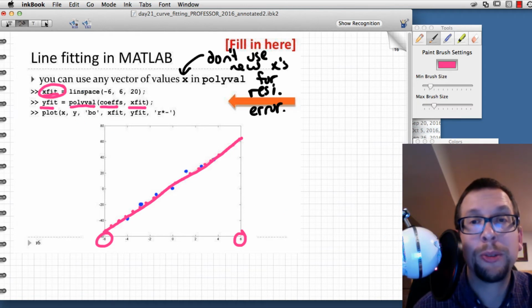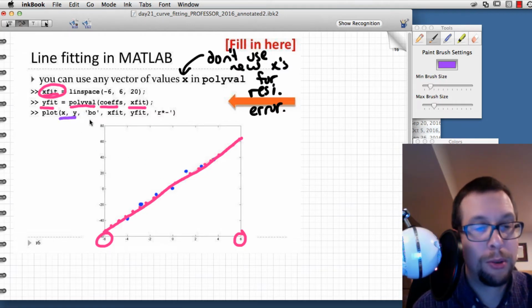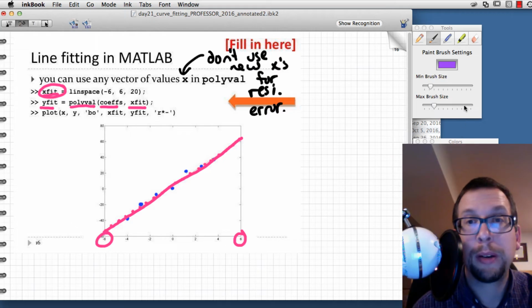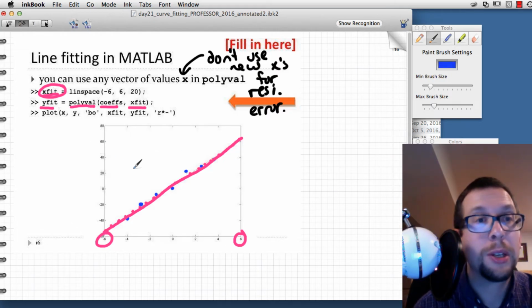And then what we ended up doing was plotting, like this, the original data versus the fitted data. That's what we did right there.